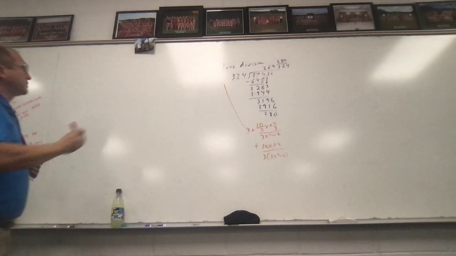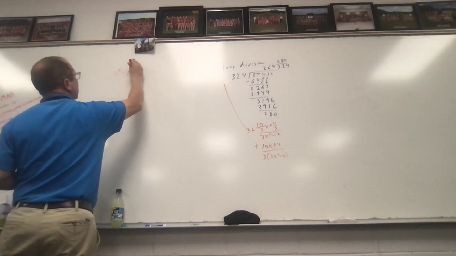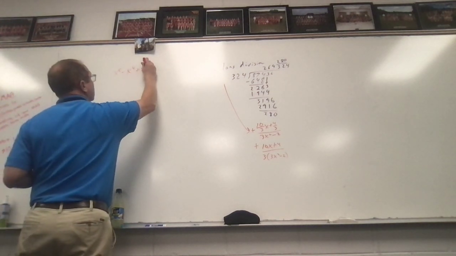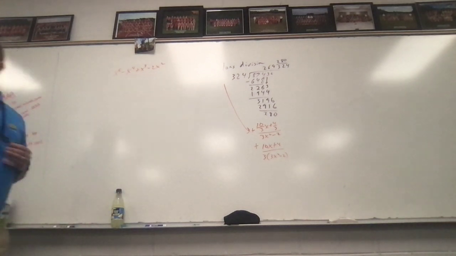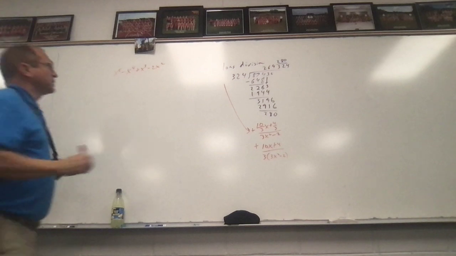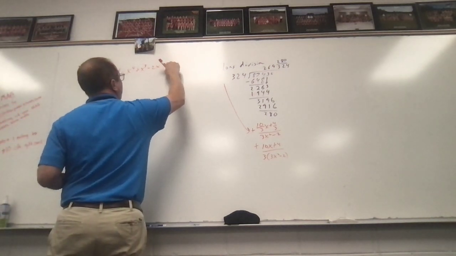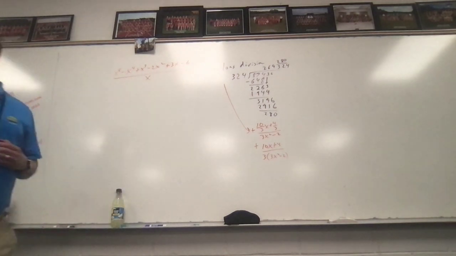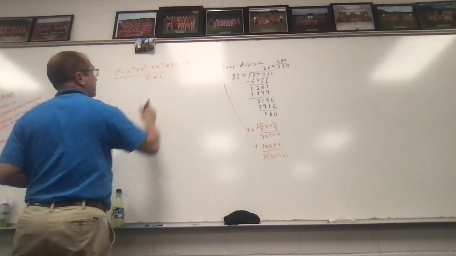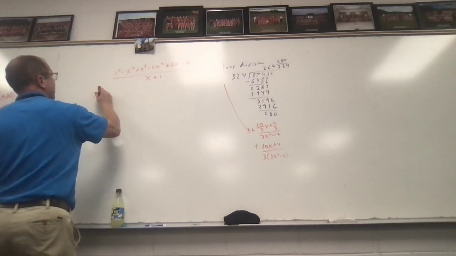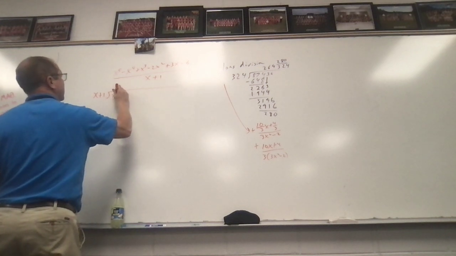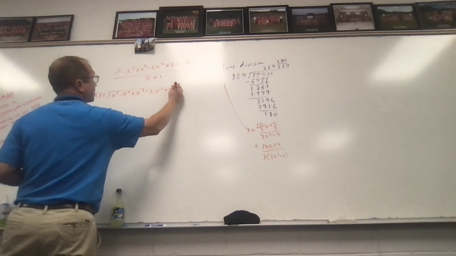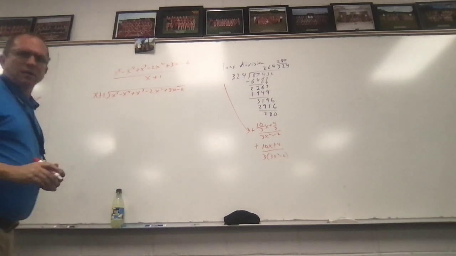Got x to the 5th minus x to the 4th plus x cubed minus 2x squared plus 3x minus 6 all over x plus 1. All right, y'all go ahead and start that on your own.